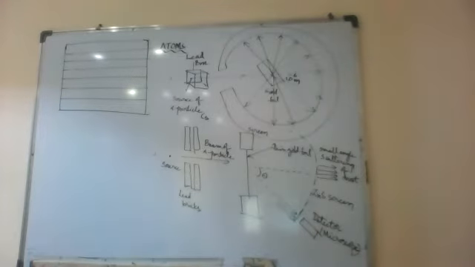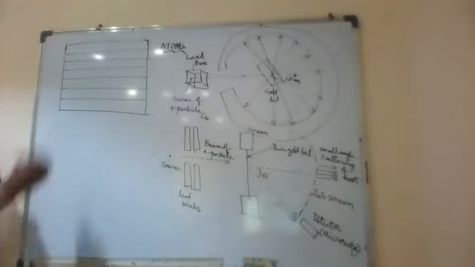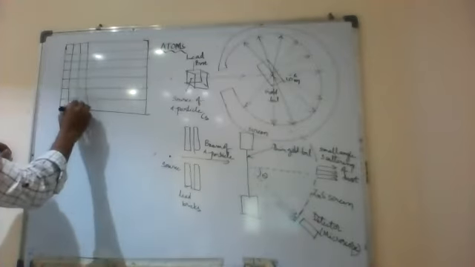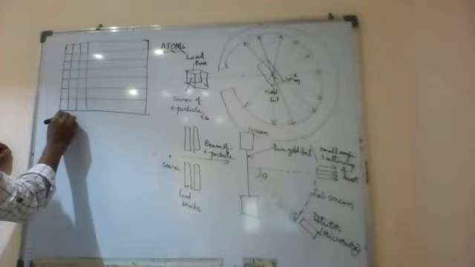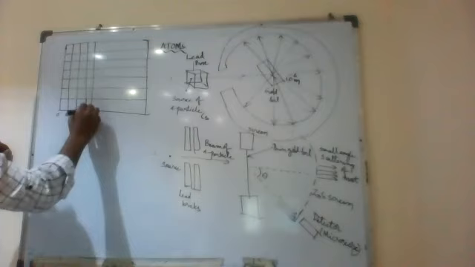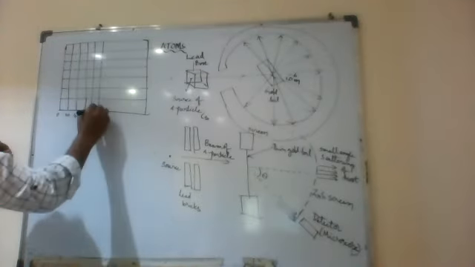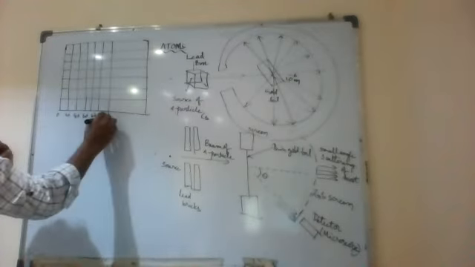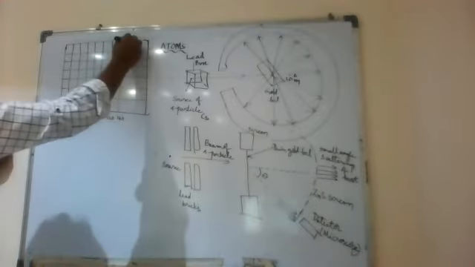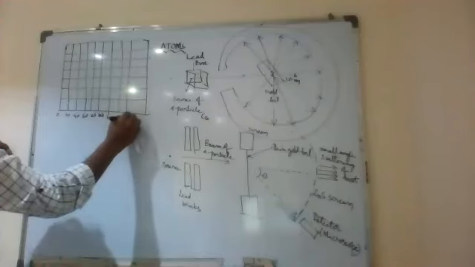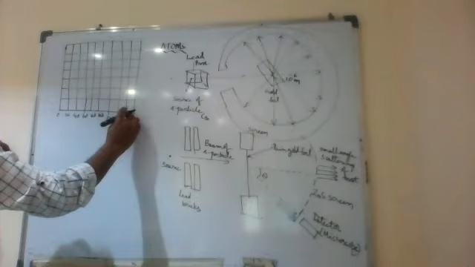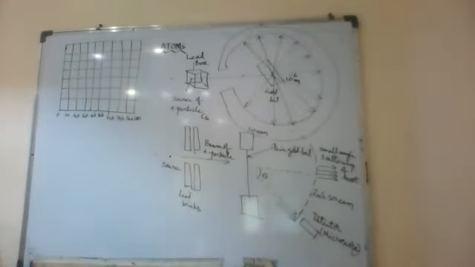Then here it is 0 to 180: 20, 40, 60, 80, 100, 120, 140. These are the angles. Then 160, then 180. This is 180.